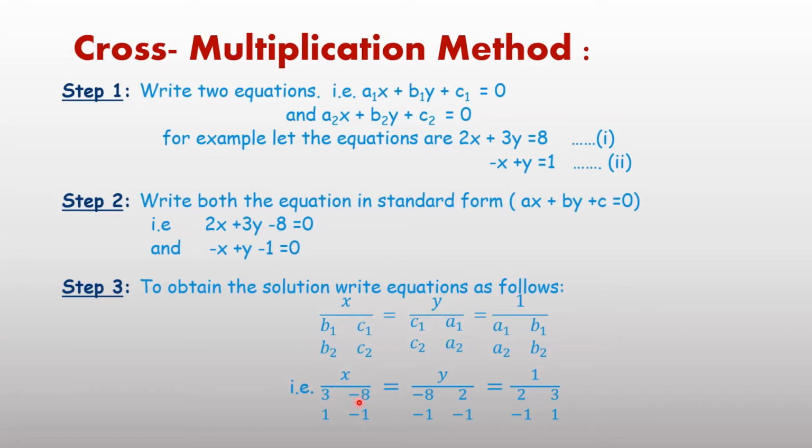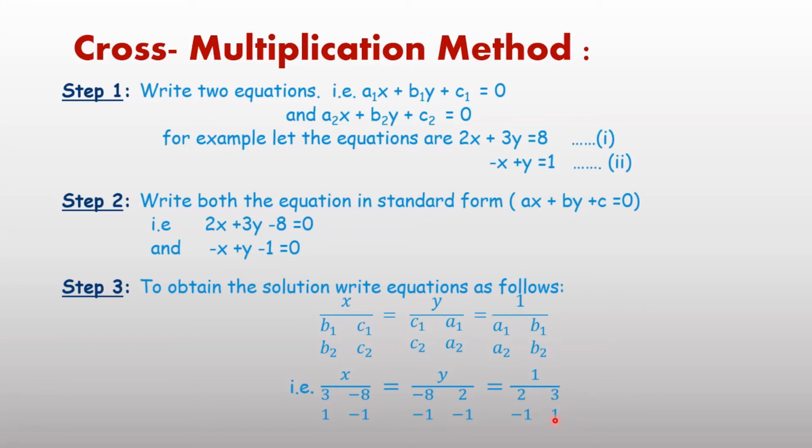Since the second column is -8, -1, it becomes the first column in the denominator of y, means -8, -1. Since the coefficient of y will not be written here, -8, -1. After that, coefficient of x, 2 and -1, equal to 1 upon, here the second column is written as the first column, 2 and -1, and then b1, b2, the coefficient of y, 3 and 1. 3 and 1 is written.